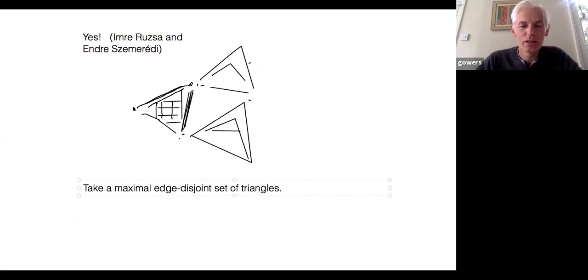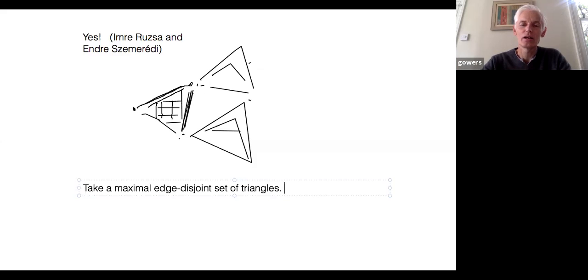So what does that mean? That means I just take a triangle, I take another one that doesn't share an edge with the first triangle, and a third one that doesn't share an edge with the first 2 triangles, and I keep going and I keep going. So because they're edge disjoint, I can't have more than the number of edges in the graph divided by 3.